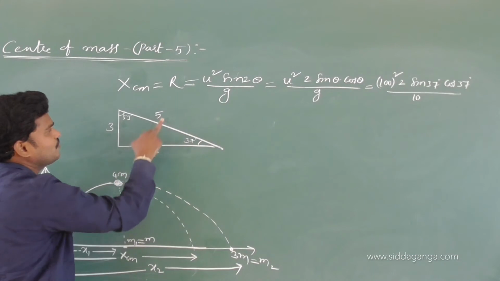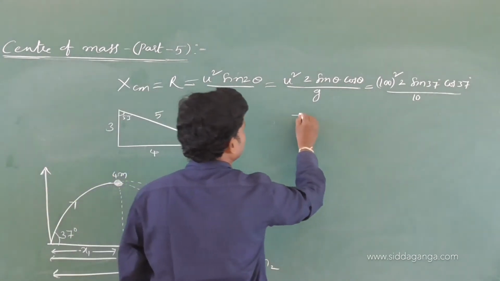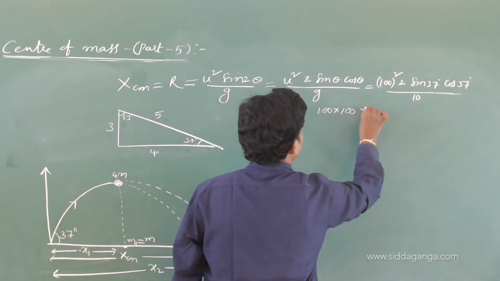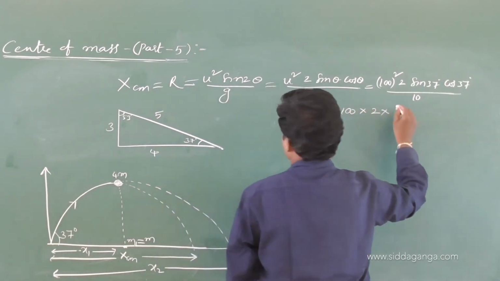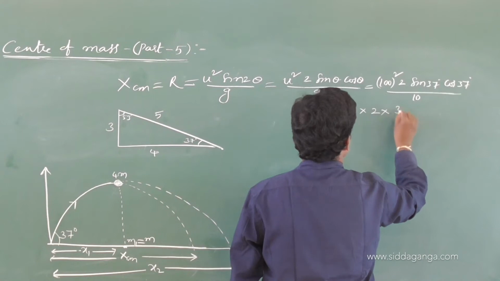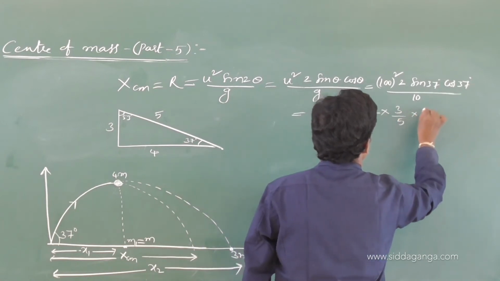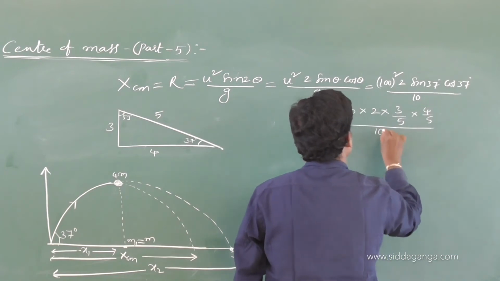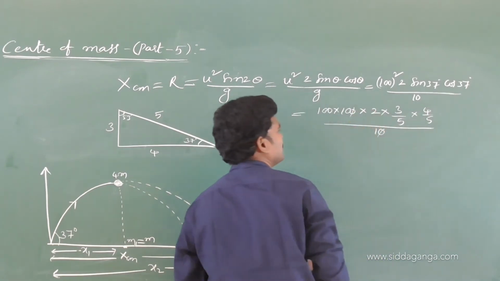Cos 37 is 4 by 5. So this is 100 into 100 into 2 sin 37, which is 3 by 5, cos 37, 4 by 5, all divided by 10. The zero gets cancelled.